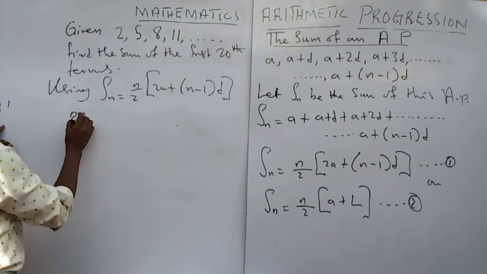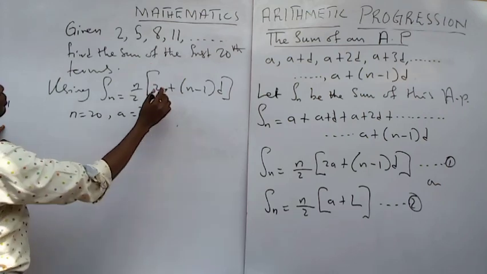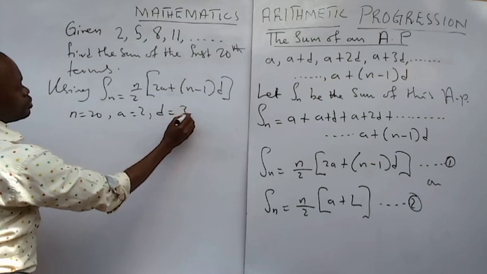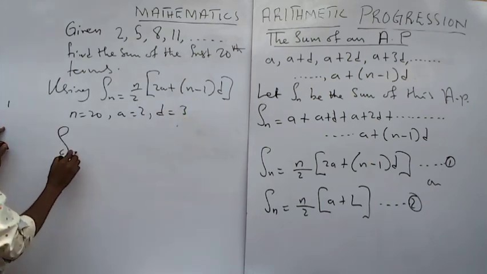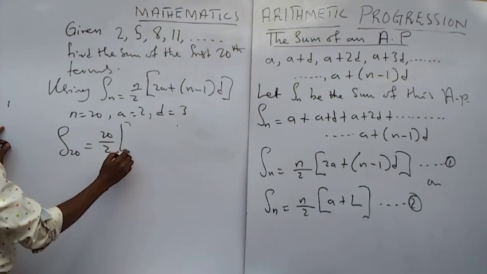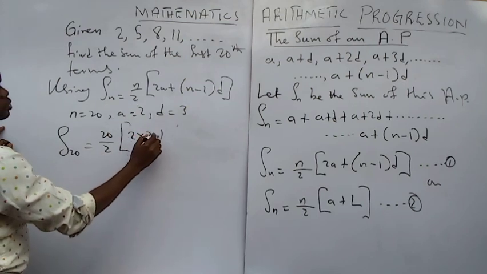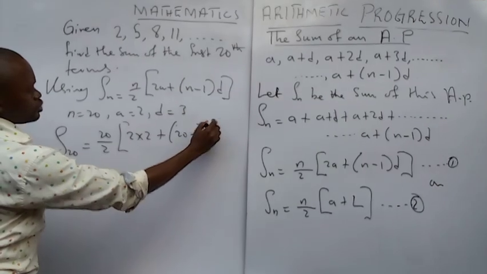Here, n is 20, a is 2, the common difference is 3. So we look for S20. That will give us 20 over 2 into 2 times 2 plus 20 minus 1, common difference 3.